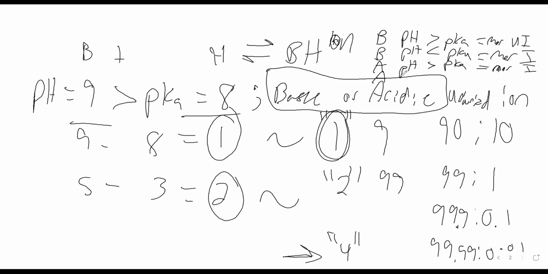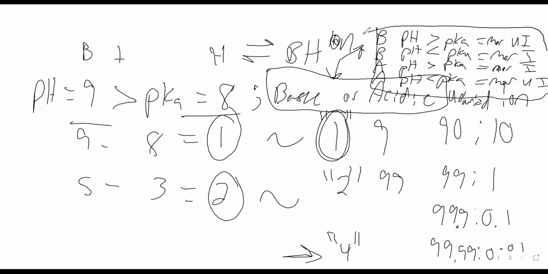And if you've got an acidic molecule where the pH is less than the pKa, you're going to have mostly unionized. So those are kind of the 4 things. Concept-wise, you need to know acid base for the structure, and these 2 things should be given to you.